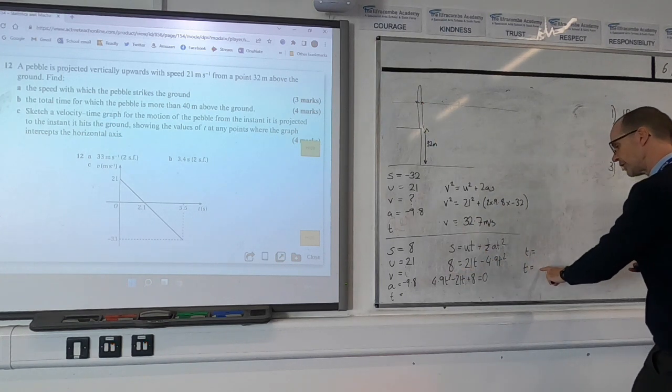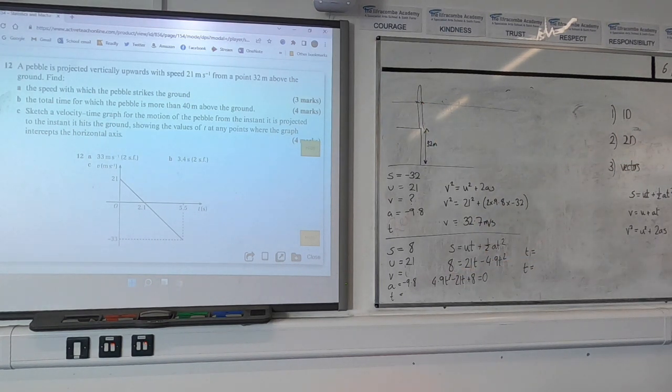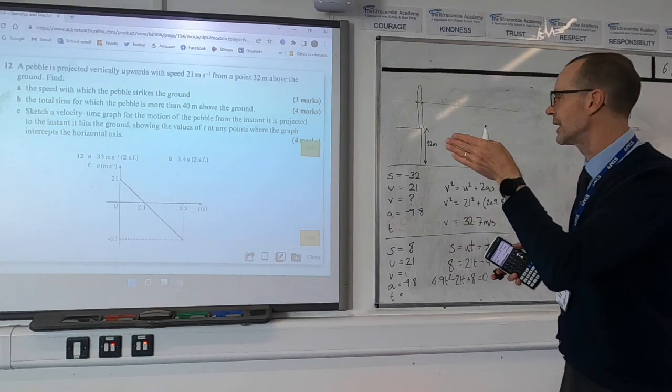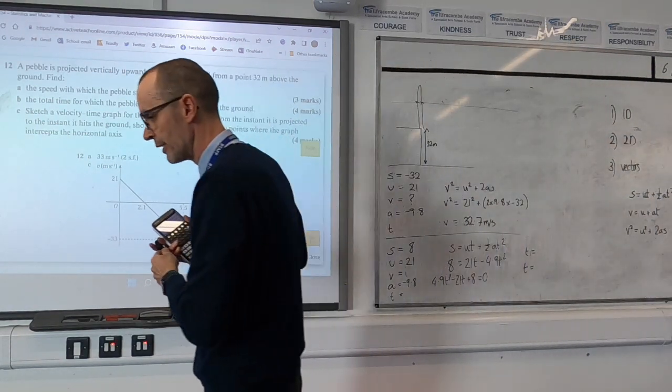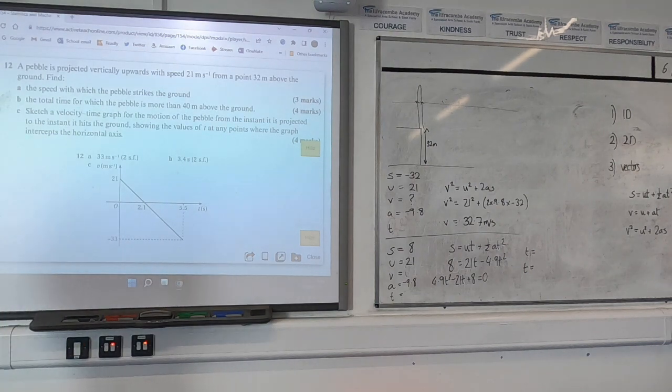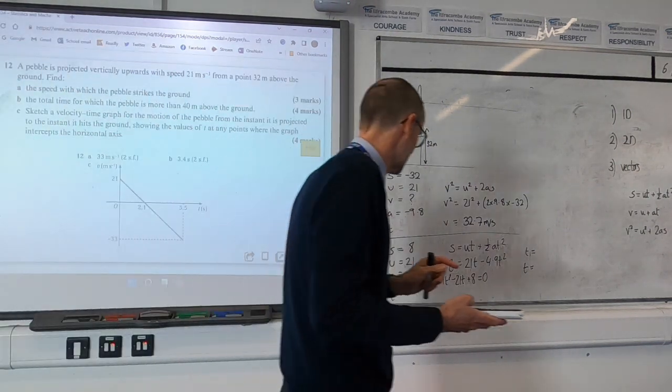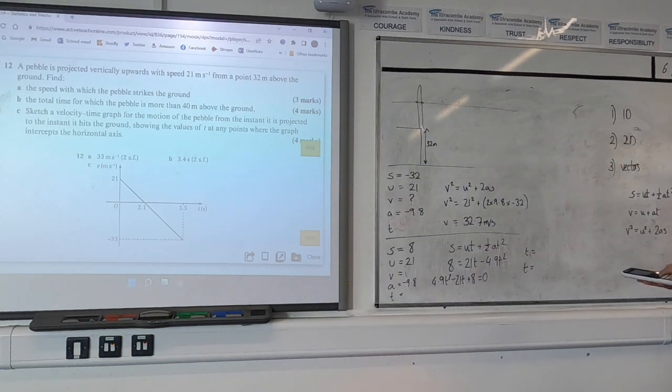So the two different answers we get from that quadratic will be the time when it gets up there and the time when it goes down. How long it is above is the difference between those two times, which I'm hoping your calculator will give you. Remember, we're not doing the sketch of the graph.